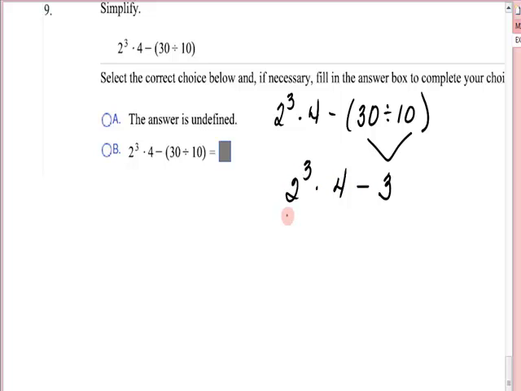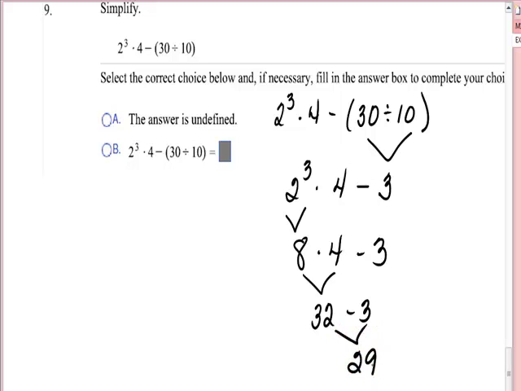Next, exponents. Yes, 2 to the third power. And I've done that a few times already. That's 2 times 2 times 2, which is 8, times 4 minus 3. 8 times 4 is, and I do multiplication before I do subtraction, that's 32 minus 3, subtract for 29.